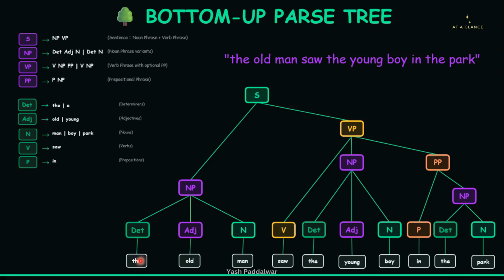We have started with the very words in the sentence and we have reached the S node, that means the start node. Just have a look if any of the nodes has been left in the reduction phase. I cannot see any node left. So yes, this is the best parse tree that we can create with this particular sentence and these rules. So I hope the entire example is clear to you all.